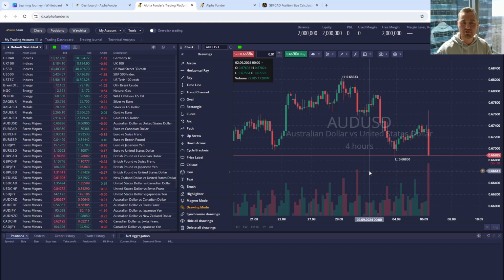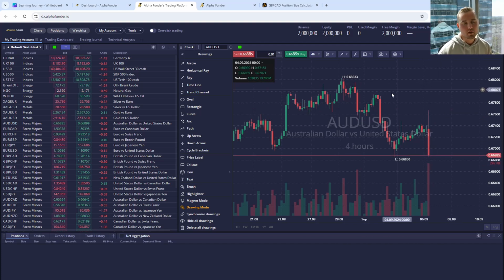If Euro USD is just skyrocketing and we're looking at AUD USD, which is positively correlated with Euro USD, and we're seeing a lot of confluence and a setup to go long, well, we already know Euro USD is pushing up, then that just gives us further conviction that AUD USD will also follow suit as well.